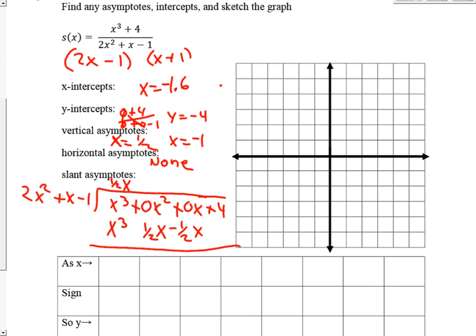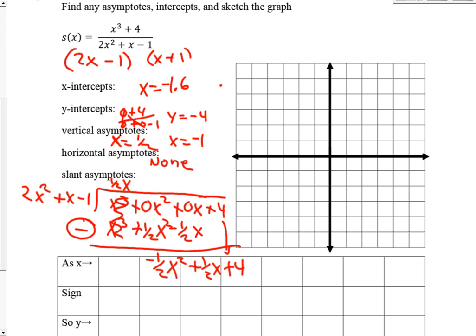I subtract these. My first terms will cancel. 0 minus 1/2 x squared is going to be negative 1/2 x squared. 0 minus a negative 1/2 x is positive 1/2 x, and then I bring down the 4.